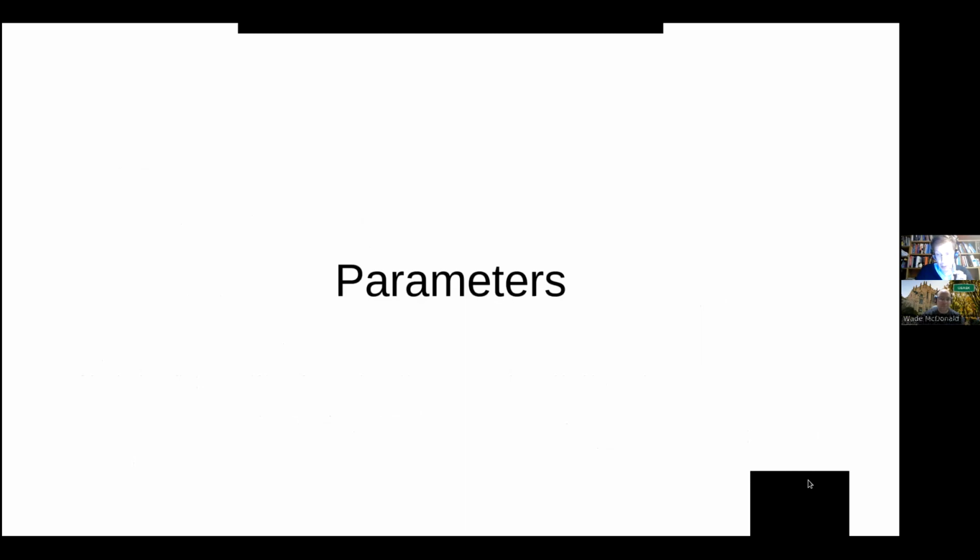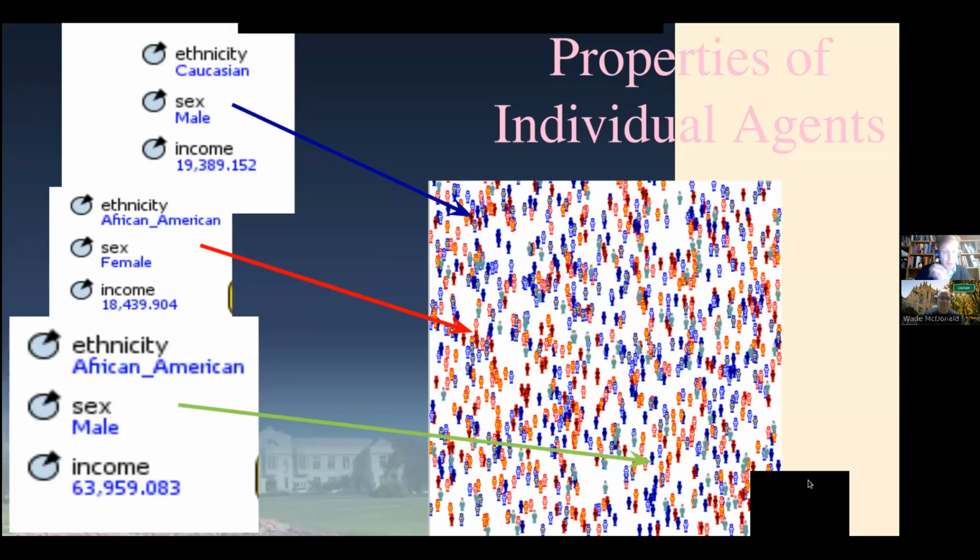Now, we're going to go through each of those. So for parameters, we may have three parameters defined in the model, for example, a person's sex, their income, and their ethnicity. When we actually run the model, we'll get a whole profusion of people within a given population, perhaps, and each of those people is associated with particular values for those parameters.